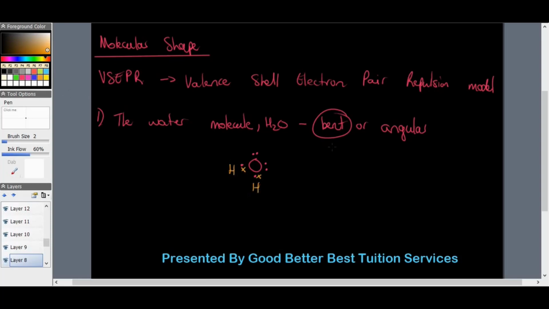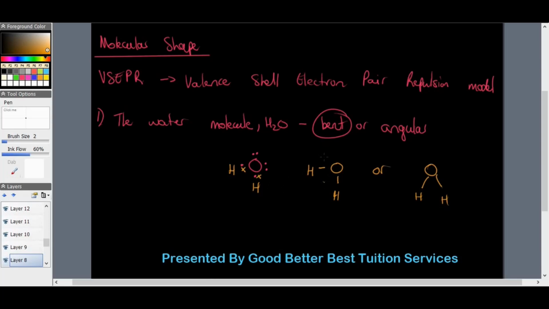So if you must draw it in Lewis, either like this, which shows it's angular, or sometimes we see it like this, which shows quite its bentness. I prefer that we draw it like this. If we draw it in Lewis, we're drawing it like this to illustrate, of course, its bent shape.